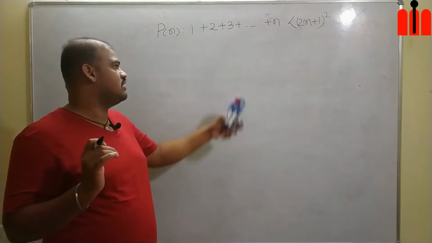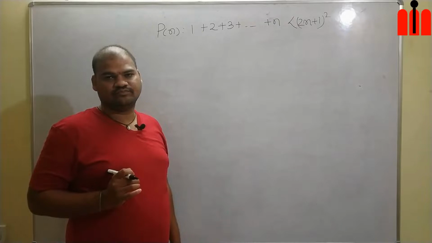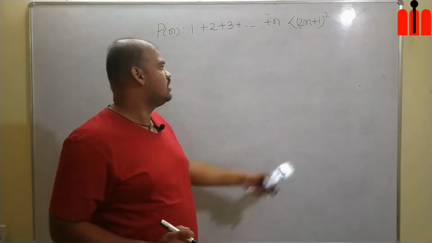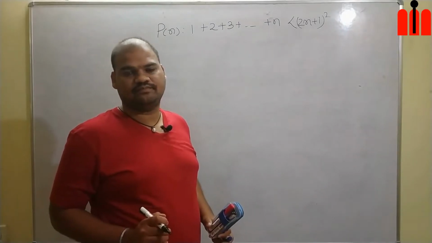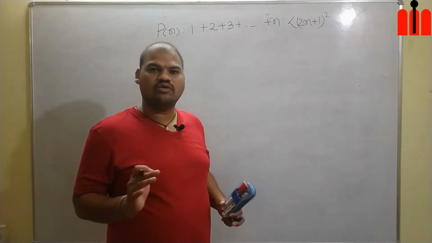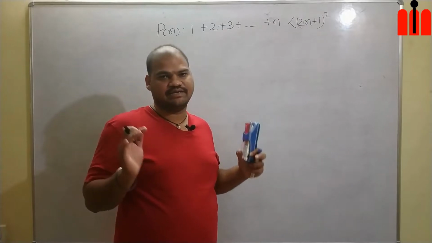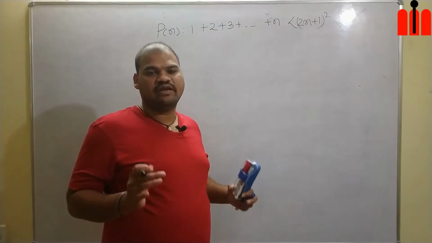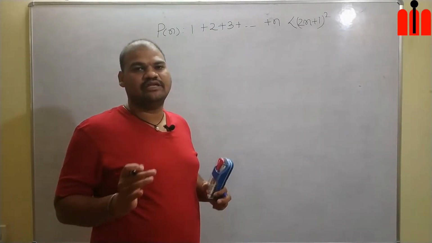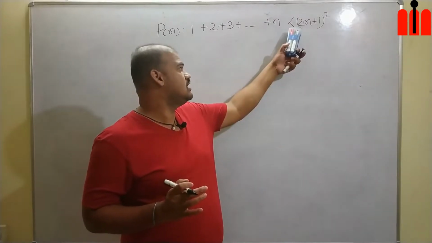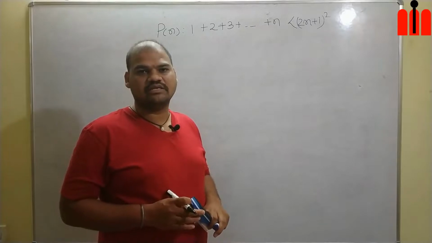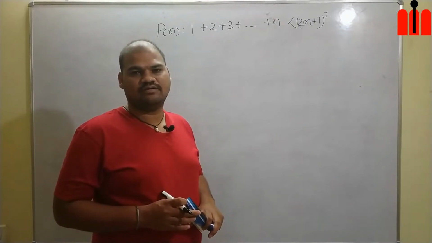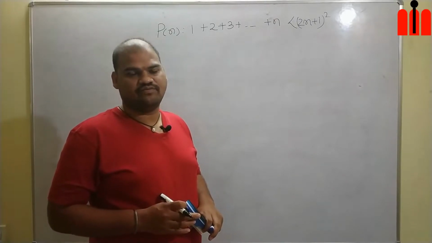This is my left hand side, and it is lesser than 2n plus 1 whole square, which is my right hand side. In between the left hand side and right hand side, there is a lesser than symbol. That's why this problem is classified under the inequalities type of sum.